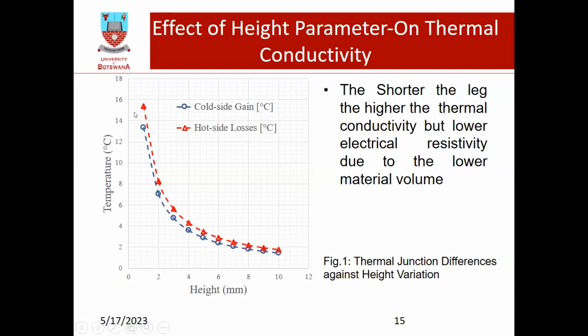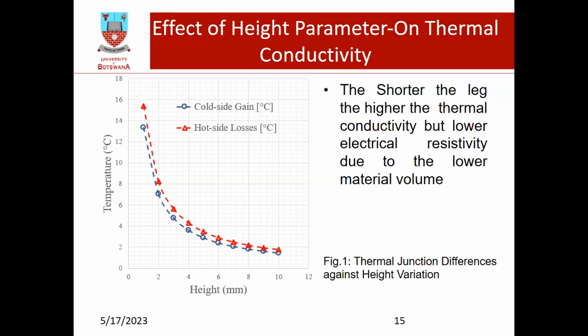And these are the losses experienced throughout the variation of the heights. So you can see that with a shorter thermoelectric element leg, there is a higher temperature loss for both the hot side and the cold side.